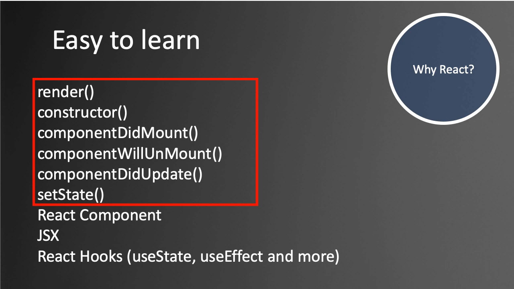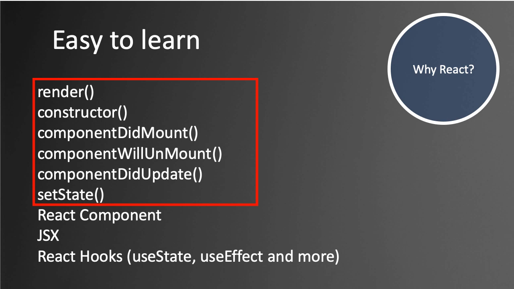Now, we used class components in the past because that gave us access to local state in the component and also lifecycle methods that we see here. Things like what to do when the component mounts and what to do when the component unmounts and when it updates. And also a function to set the state itself, and a function to render the component.